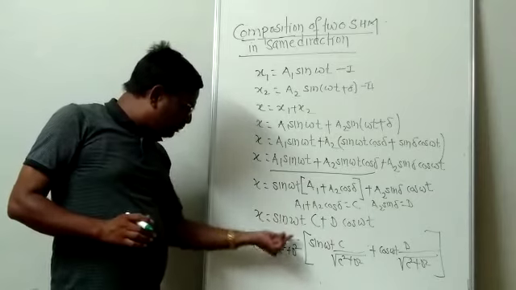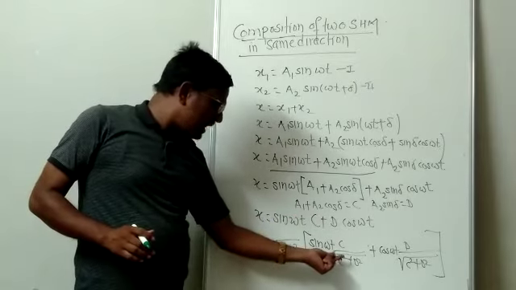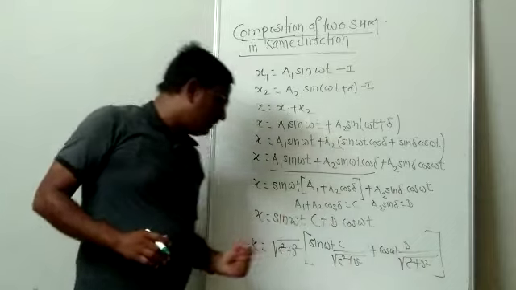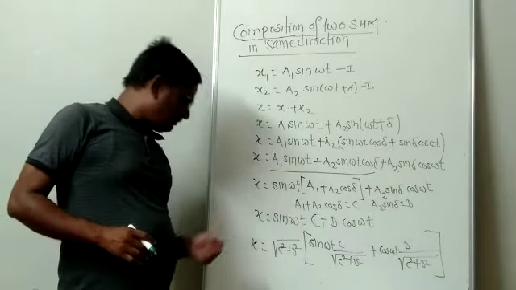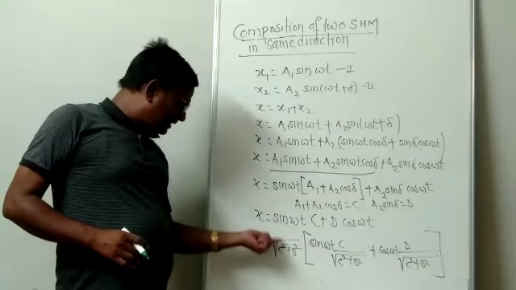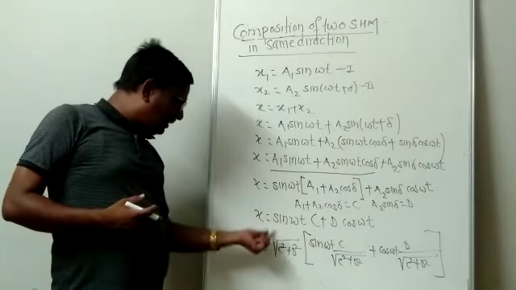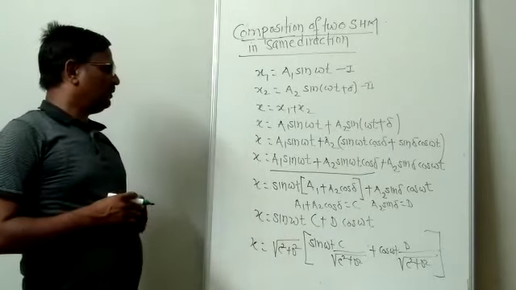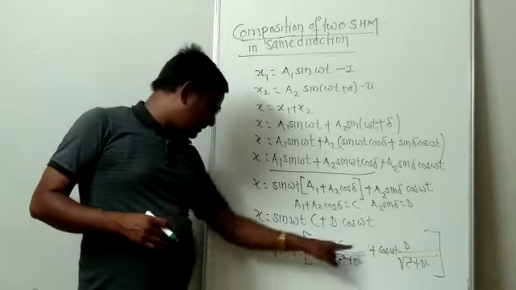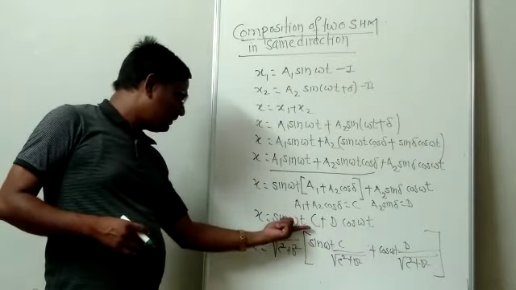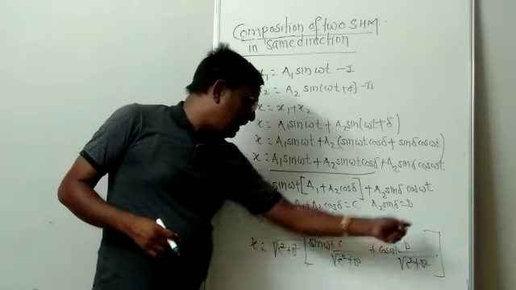I am multiplying by the factor under root C square plus D square and dividing by it also, so there is no effect on this equation.